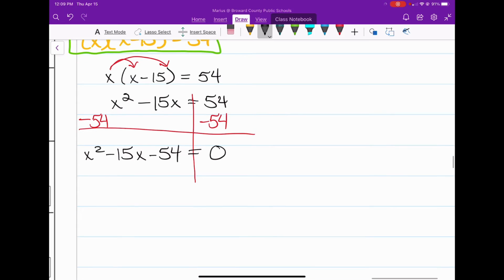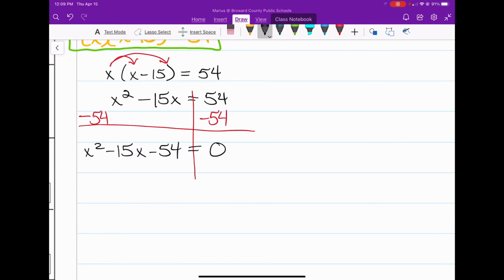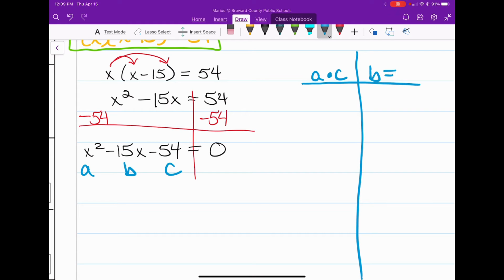Now that we have this, we can begin to factor. So this is A, B, and C, and we're gonna do the A times C method, and look for the factors of A times C that equal what B is. B is negative 15, A is positive 1, C is negative 54. When you multiply A and C, you get negative 54.